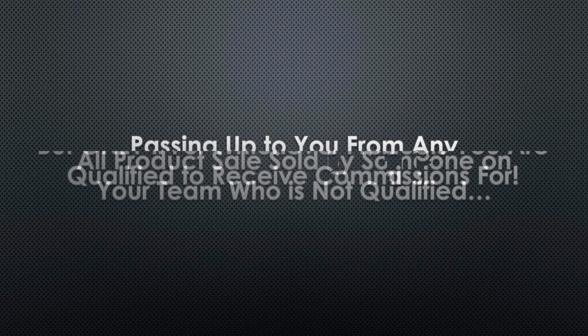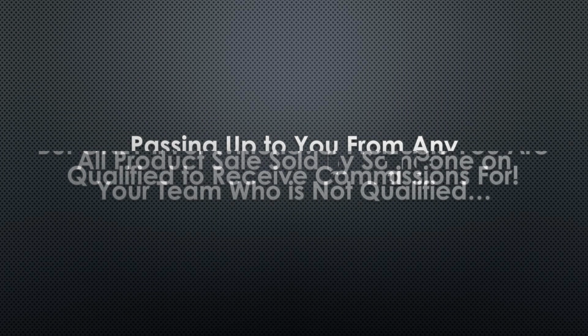Pretty freaking powerful, right? So you'll get 40 to 50% pass up commissions on all products sold by someone in your team who is not qualified. If you're a tycoon, you're not earning the 100% commission that you would earn if it was a personal referral. You're actually going to be awarded the commission that would be available to the person who referred them.